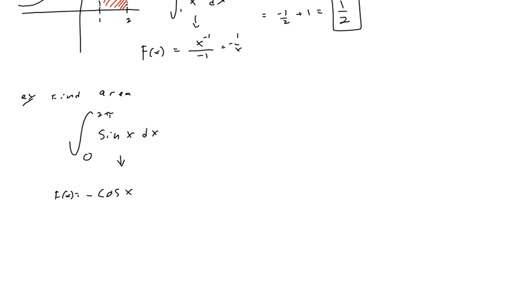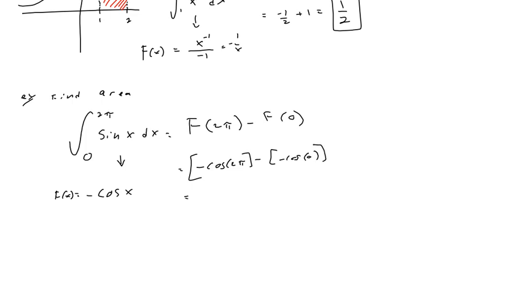So we're going to plug in F of 2 pi minus F of 0. So negative cosine, and put this in brackets, negative cosine of 2 pi minus negative cosine of 0. What is that? I've got to remember what the cosine of pi is, how pi works.